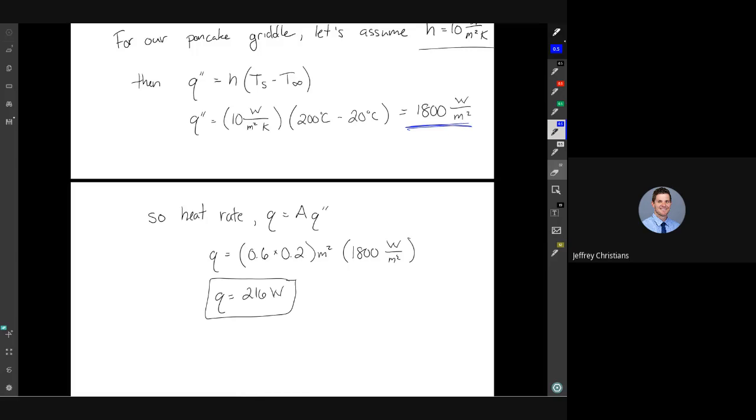Yeah, Brennan. Do the temperature units for H have to match the other temperatures? So H is in Kelvin, what about the temperature? So no, because it's a temperature difference. To get from Celsius to Kelvin, you would add 273 to each number, and then you just subtract those off again.